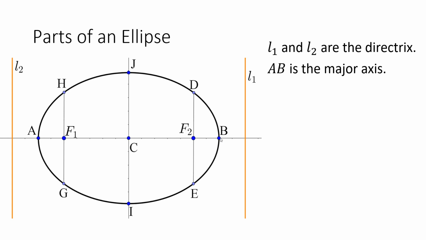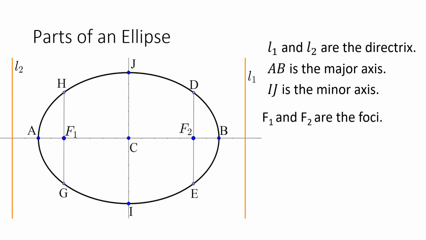When we say major axis, this is the longest length of the ellipse, which makes the curve symmetrical. Then we have line IJ, which is our minor axis.